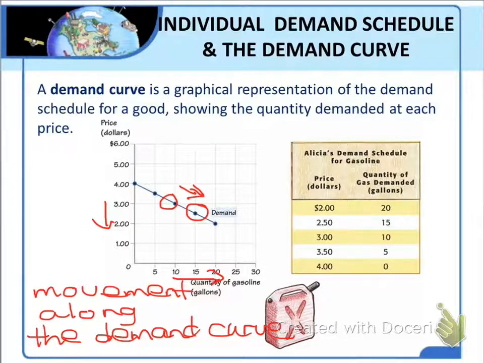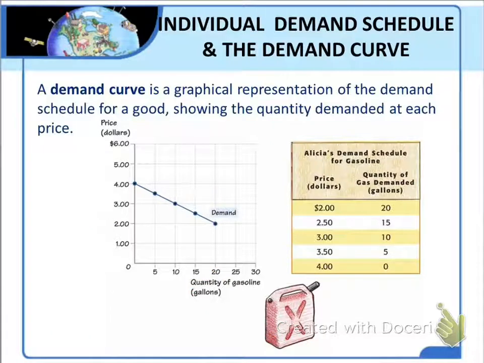We call this a movement along the curve because to illustrate what happened, we can simply slide a pencil along the curve, just like this, to move from one point to the next, moving from the point representing $3 and 10 gallons to the point representing $2 and 20 gallons.